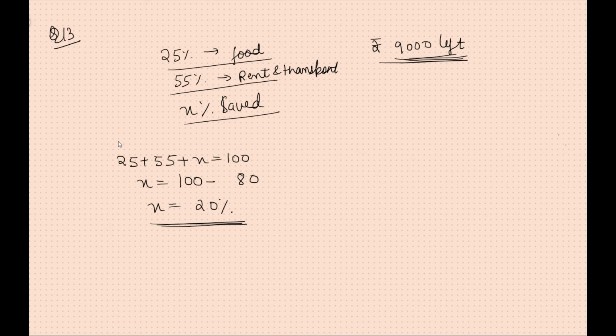So we have previously discussed that 20% of his salary, let his salary be called y. Okay, salary multiplied by 20% of the salary equals 9,000.